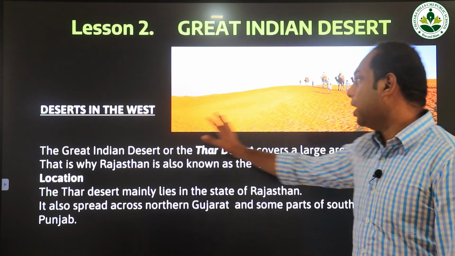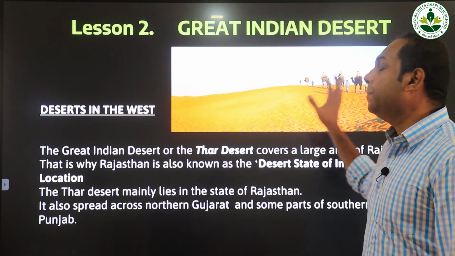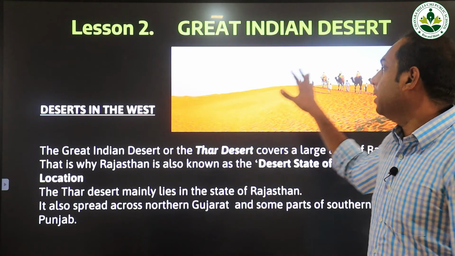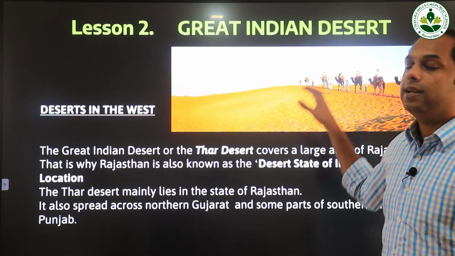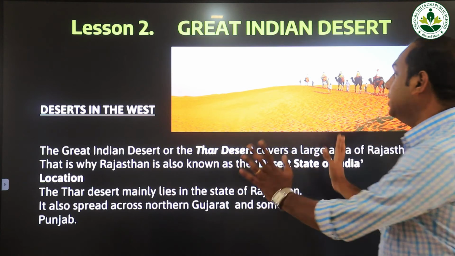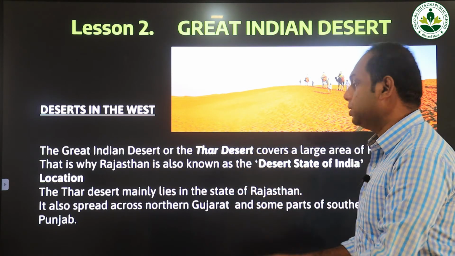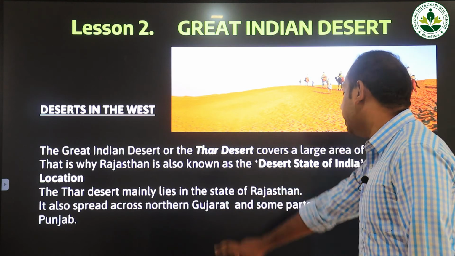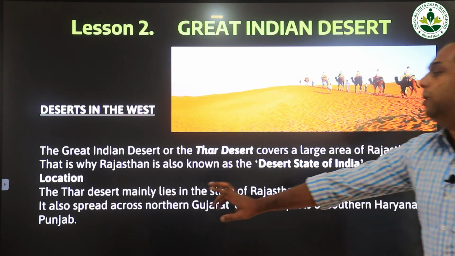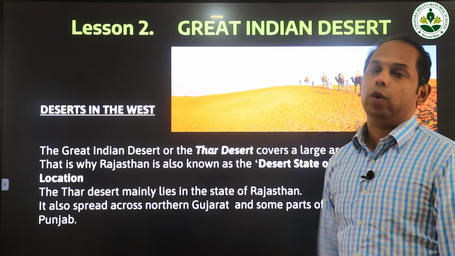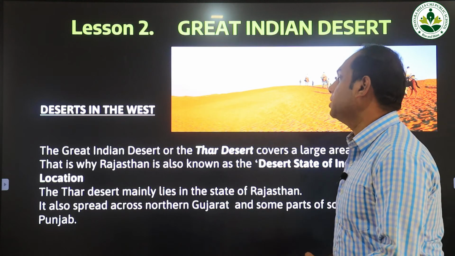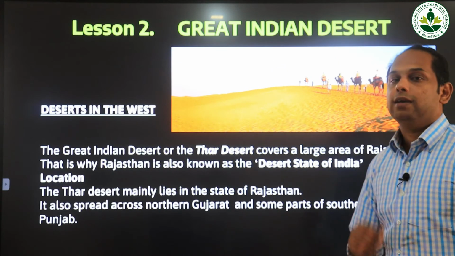It is the biggest desert in India. So the Thar Desert lies in the state of Rajasthan, and also spreads across some states like Gujarat, Haryana and Punjab. This is the exact location of the Thar Desert.